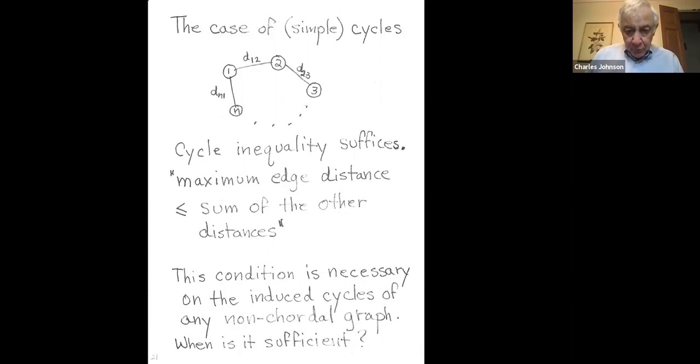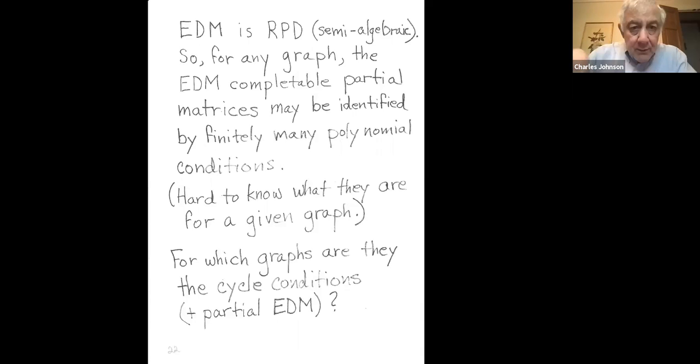Okay. So, being a Euclidean graph, the EDM completable partial matrices can be identified by finitely many polynomial conditions. It's not easy to find out what those conditions are, okay? But for which graphs now are the cycle conditions sufficient, plus, of course, being a partial Euclidean distance matrix? So you can imagine something with some cliques and some cycles, and certain conditions are met by those objects.